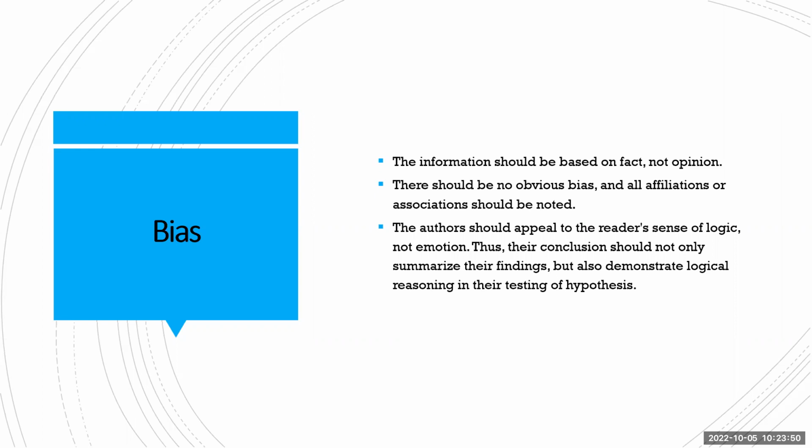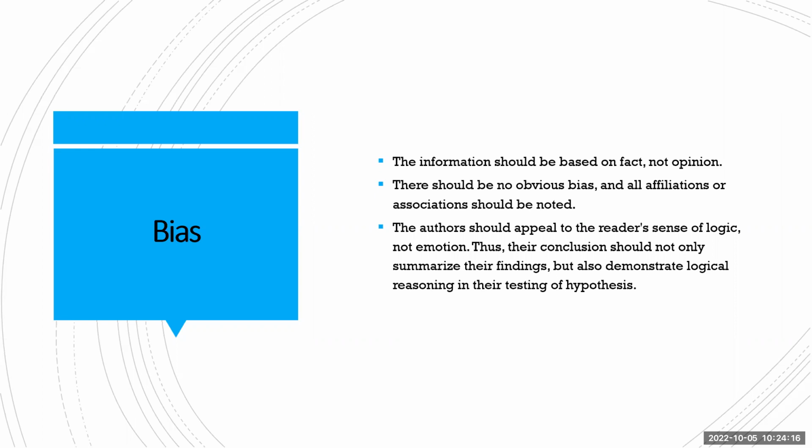They may have affiliations that may present a conflict of interest, or they may not. So the author should appeal to the reader's sense of logic, not emotion. Their conclusions should not only summarize their findings, but also demonstrate a logical reasoning in their testing and hypothesis.